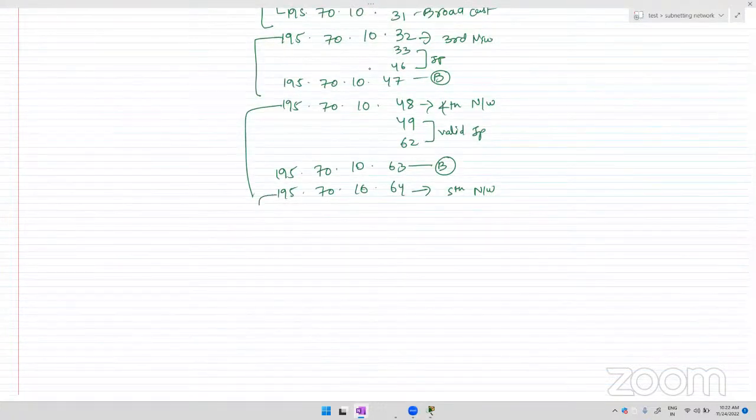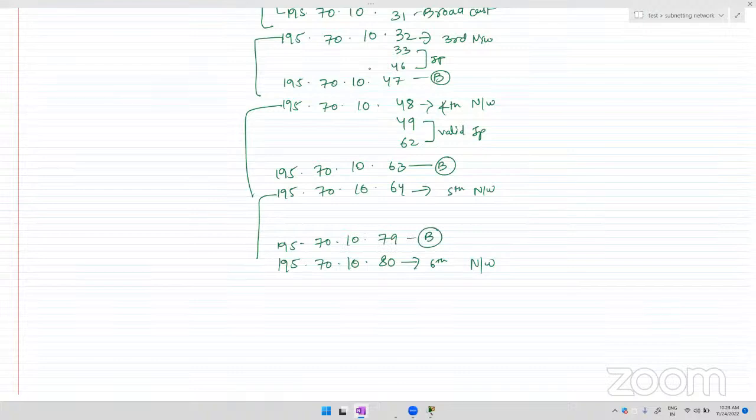Now 195.70.10.64 plus 16, how many? 80. It's my sixth network. Broadcast for the fifth network is 195.70.10.79, and valid IP from 65 to 78.